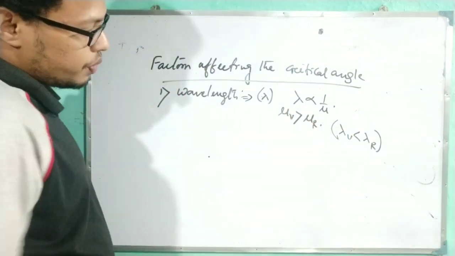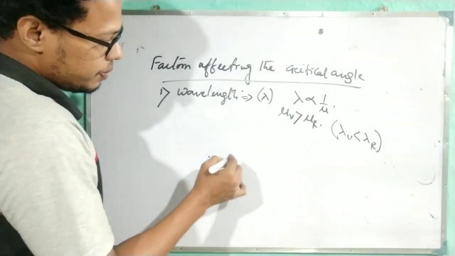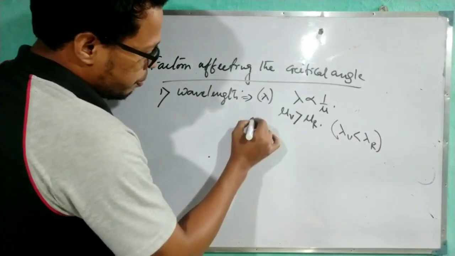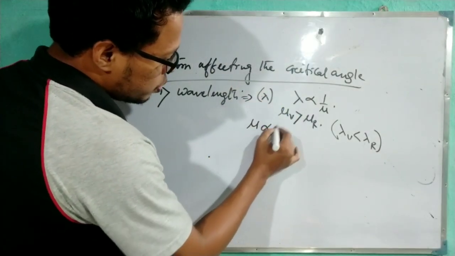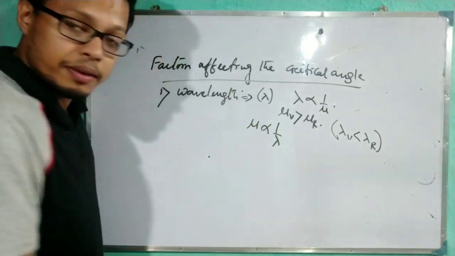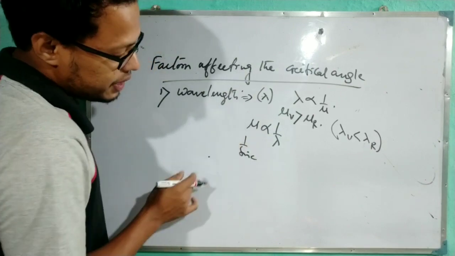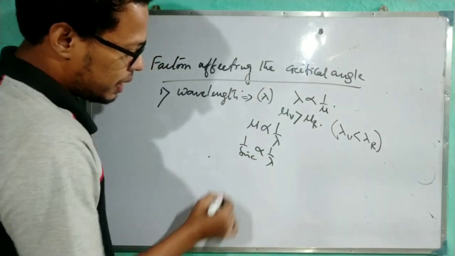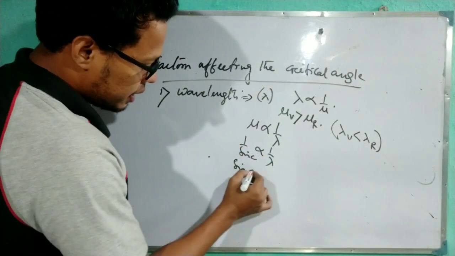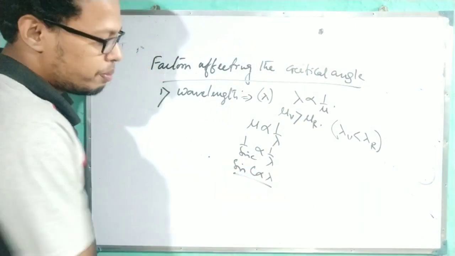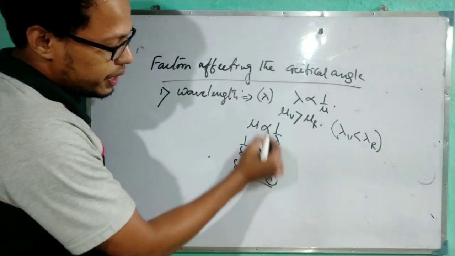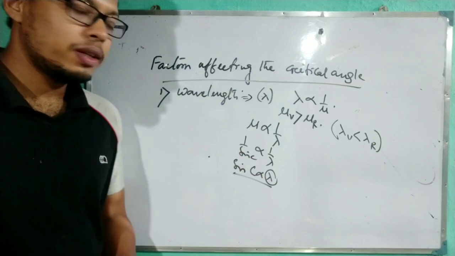From here we can write that mu is proportional to 1 by lambda. So mu equals 1 by sin C, which is proportional to 1 by lambda. Here we can write that sin C is proportional to lambda, which means when lambda increases, the critical angle also increases.